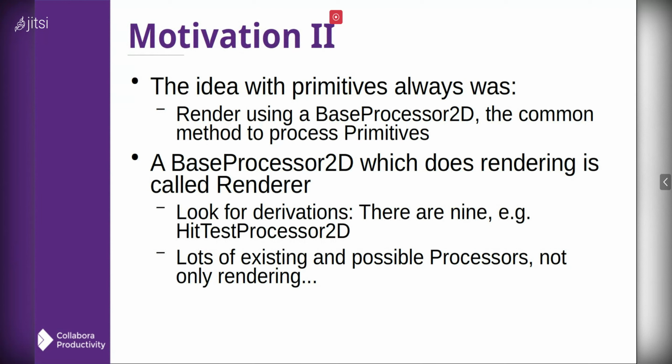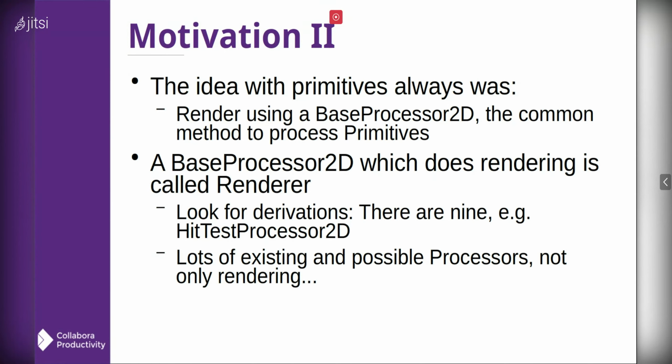So another motivation: the idea with primitives always was to render using the base processor. This is the base class for a primitive processor, the common method to process primitives. And as you see in the names, there's always this 2D add. This is because the same stack of software exists for 3D, and our 3D renderer, which has a fallback software 3D renderer, uses the same technique.